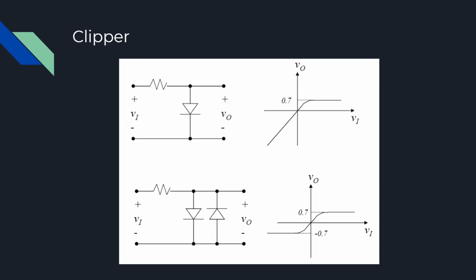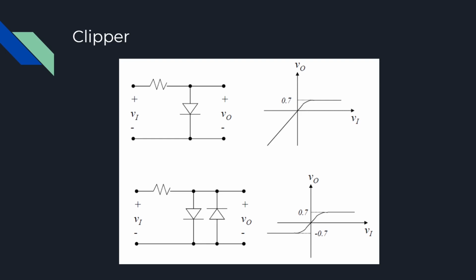As mentioned before, the maximum output voltage will be 0.7 volts. When the input voltage is negative, the diode on the left-hand side will be cut off, and the diode on the right-hand side will work. Now the minimum output voltage is minus 0.7 volts. The same principle can also be applied to a sine wave.